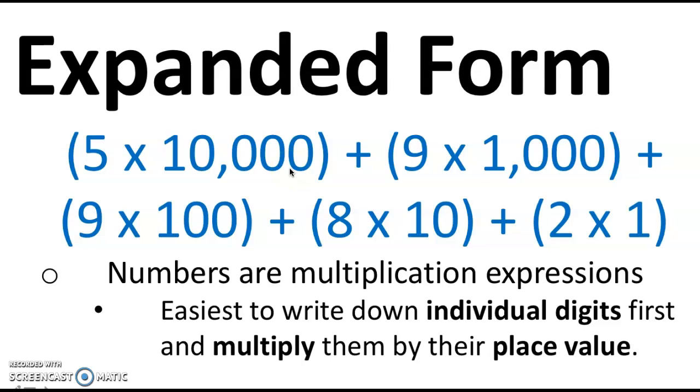Something else that's important to note about expanded form is that there's always going to be an addition sign to connect each of these multiplication expressions so that you know that these numbers are all together to form one number. My recommendation for writing down expanded form is that you first write down the individual digits, 5, 9, 8, 2, and then multiply them by their place value, the 10,000s place, the 1,000s place, 100s place, 10s place, or 1s place.